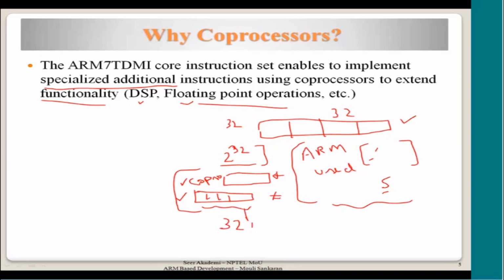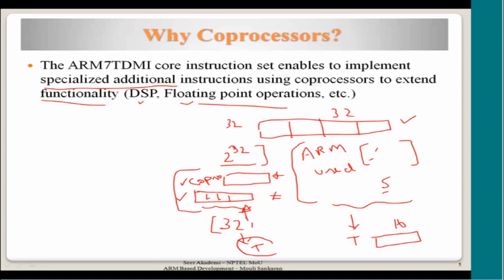Then you may wonder, is there a thumb state for a coprocessor? Because we know that the ARM core has its own thumb state. That means it has a 16-bit wide instruction set format. If ARM is in the thumb state, then it will be executing 16-bit instructions. But does the coprocessor also have a thumb state?